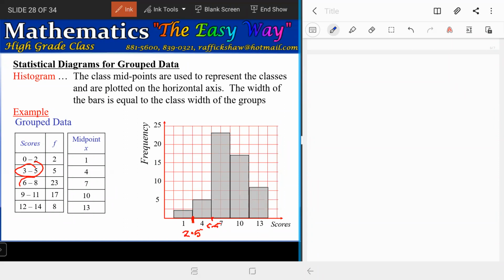And this group ends at 8.5. That will be 8.5 right here. The next group ends at 11.5, and this one ends at 14.5. And the first one is not really 0.5.